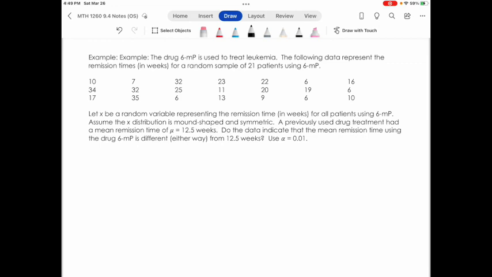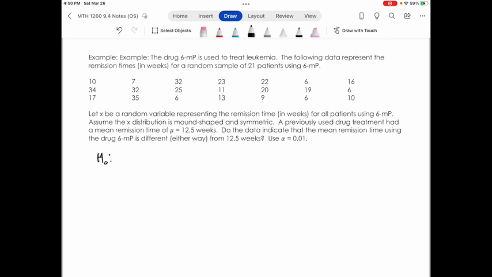We're going to assume that the distribution is mound-shaped and symmetric. A previous drug treatment had a mean remission time of 12.5 weeks. Does the data indicate that the mean remission time using this drug, in either direction, it's just got to be different, is different than 12.5 weeks? And we're going to use a level of significance of 0.01.